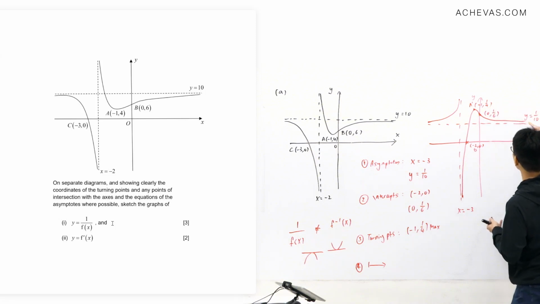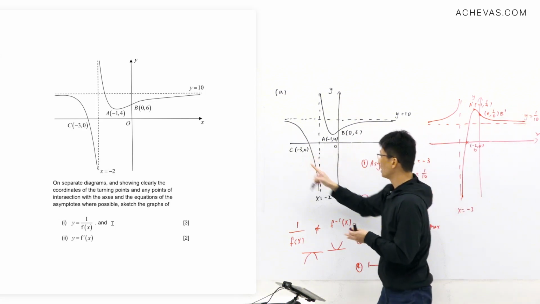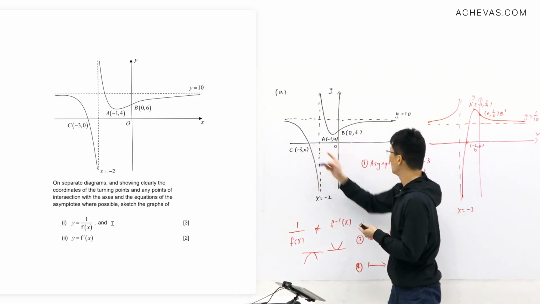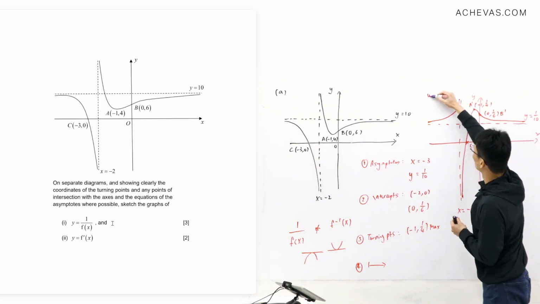And it should be slightly above the horizontal asymptote. This is below, so this is above. All right, so maybe we can call this B prime. For C, we can't label it because it has already turned into a vertical asymptote. Right, so this will be my graph of y equal to 1 over f(x).